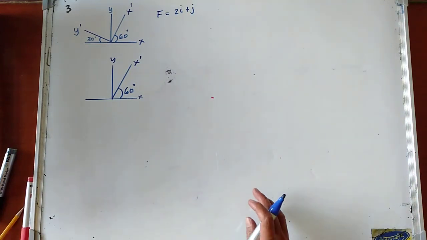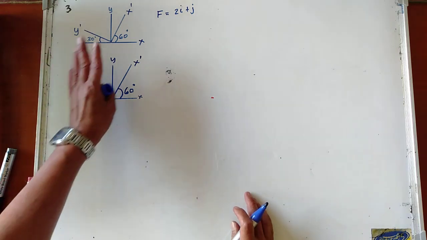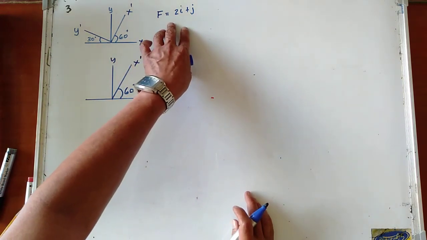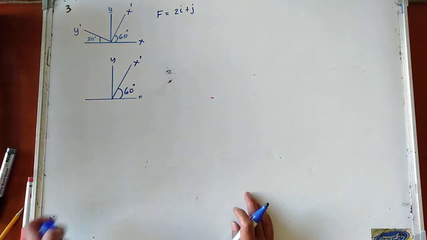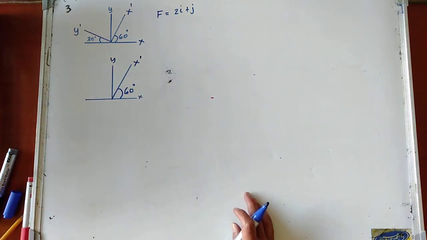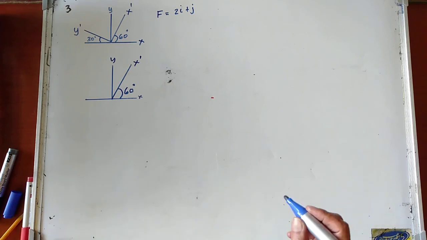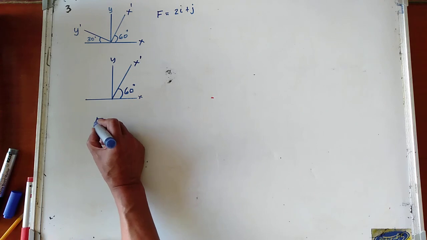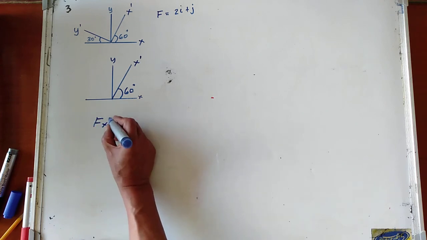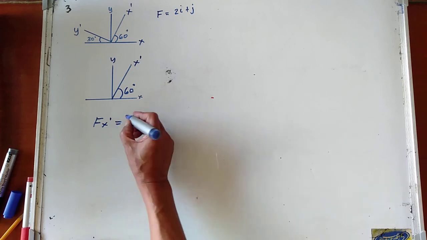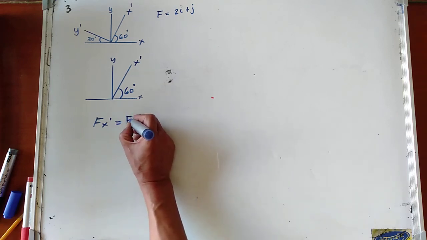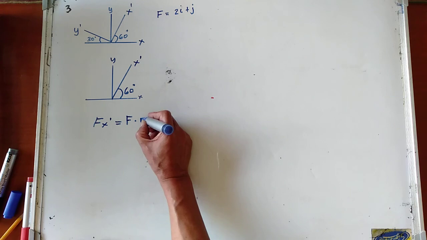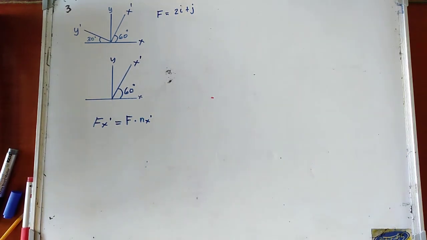So what is therefore the component of this vector in the direction of x prime? Let's try to determine the component of the force F in the direction of x prime, which is equal to that vector dotted with a unit vector in the desired direction.